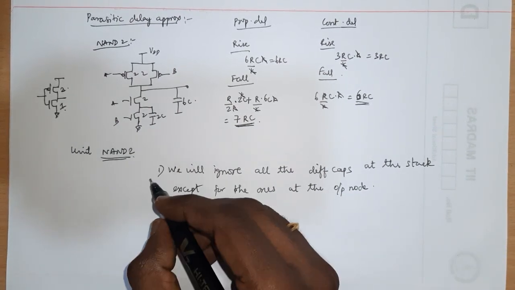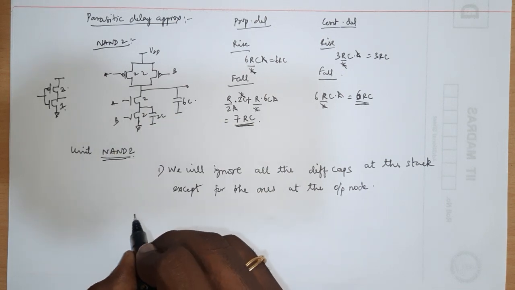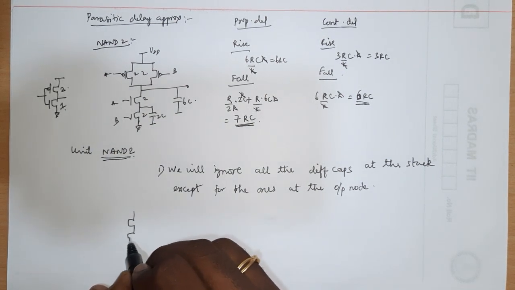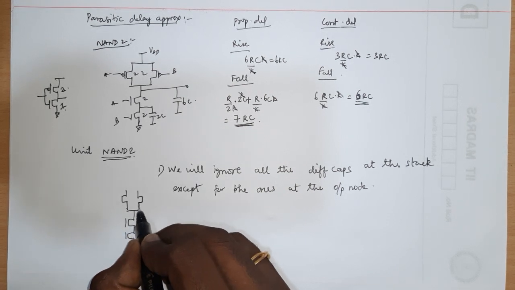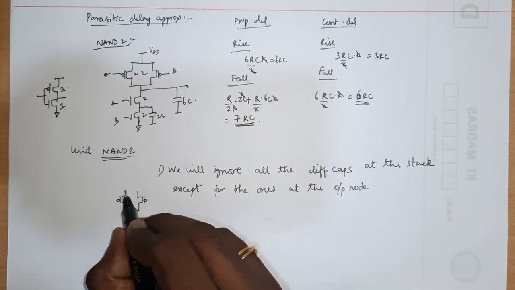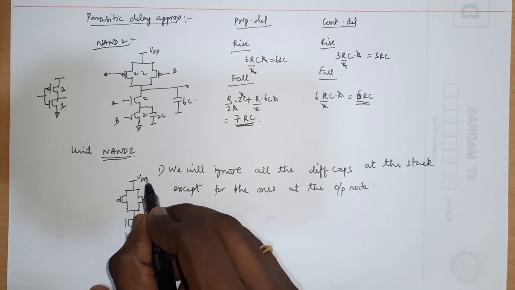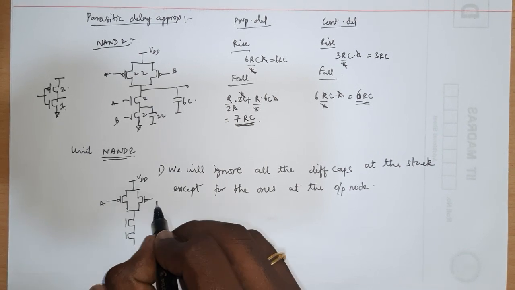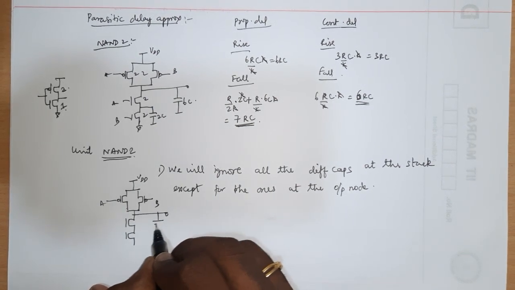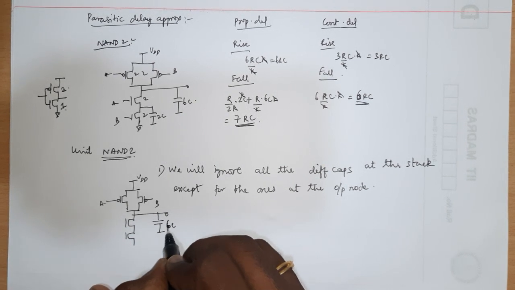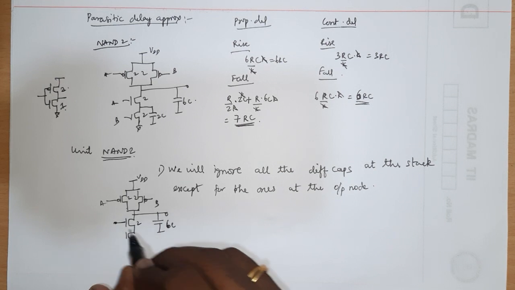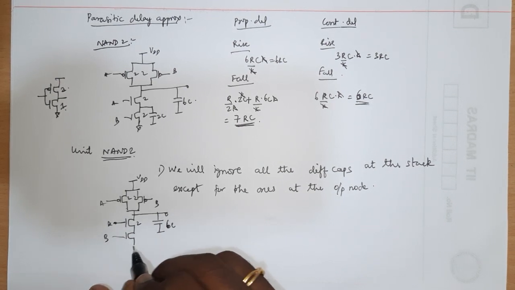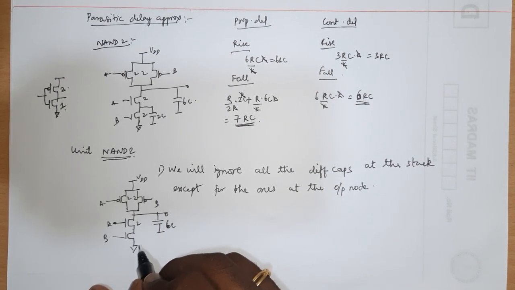In that case, this NAND 2 will be converted to A, B, and this is the output node. You have 6C, I cannot ignore it because this is at the output node, which is coming from 2C, 2C and 2C, A, B, and I ignore the capacitance here.